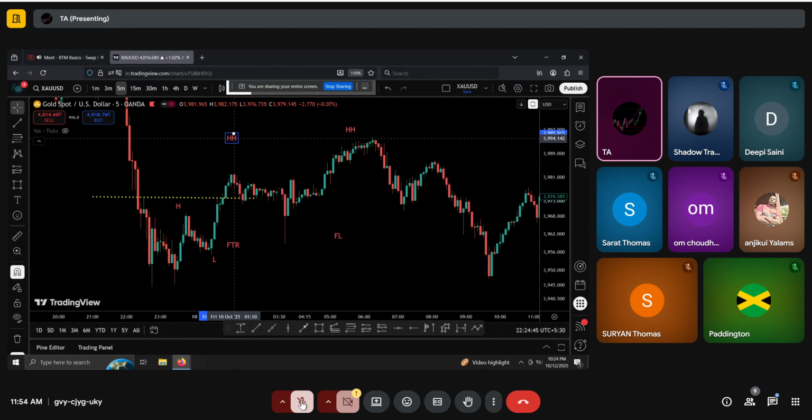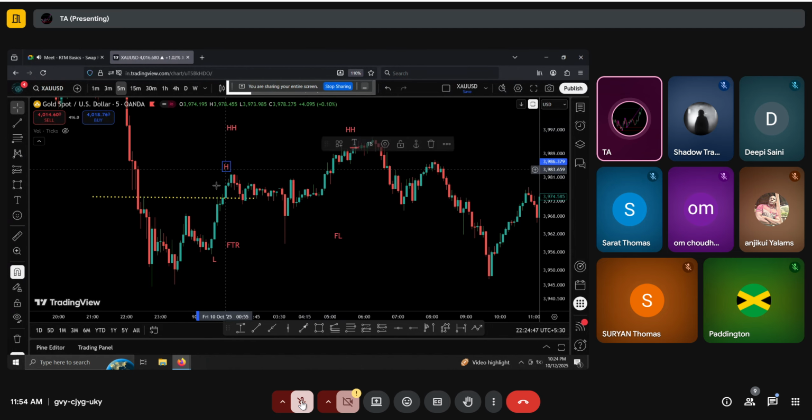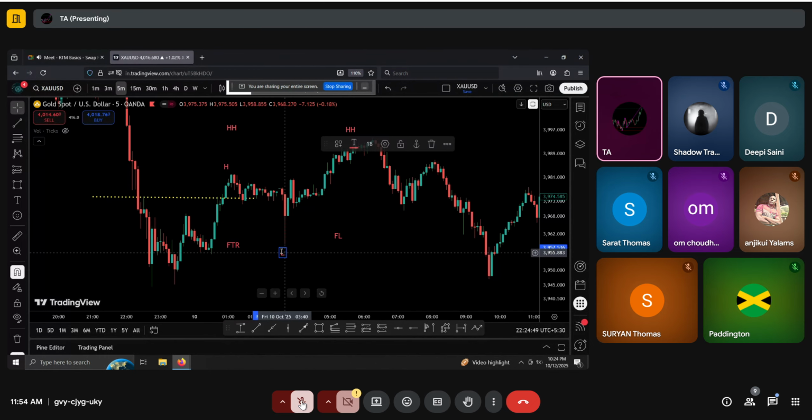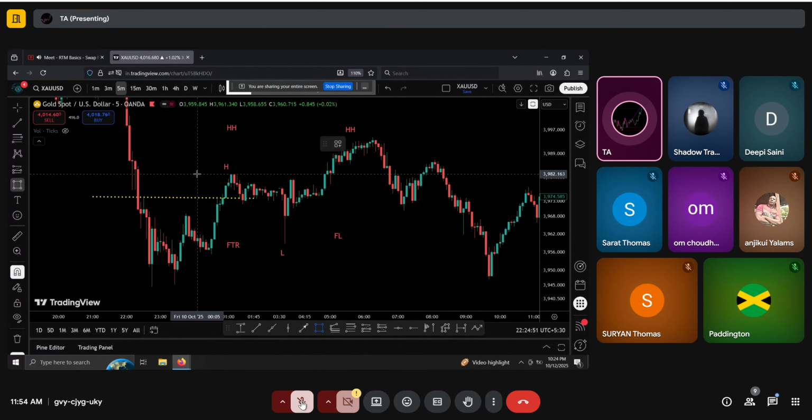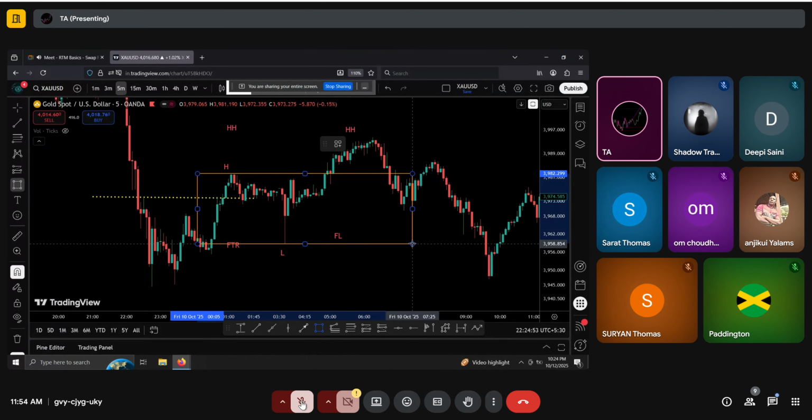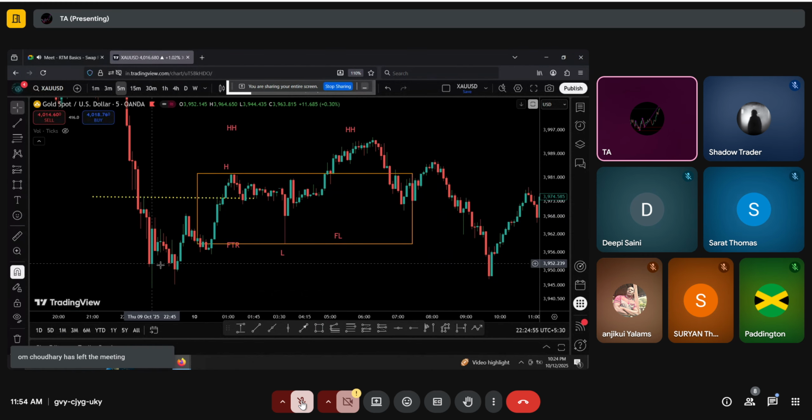Now we call this H, we call this L, and this zone will be called, what do we call this? FTR. This is FTR or not?